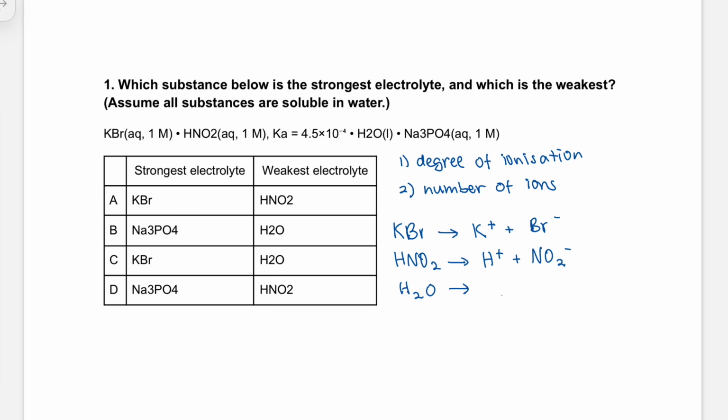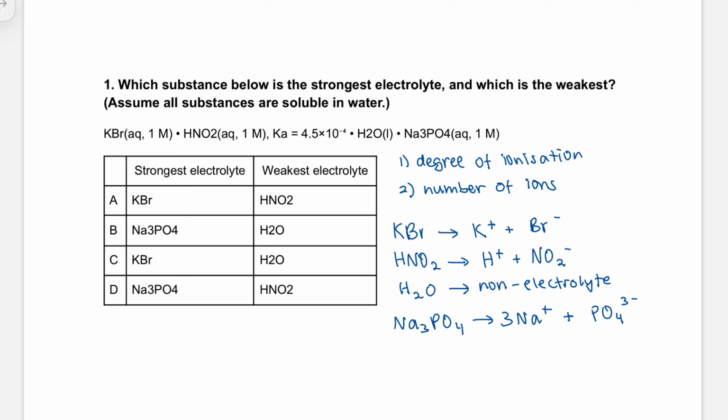This is a covalently bonded chemical, so this is actually a non-electrolyte. And lastly, we have Na3PO4, and this will make Na plus ion and a PO4 3 minus. And then we have to balance this equation by adding a 3 in front of the Na plus.